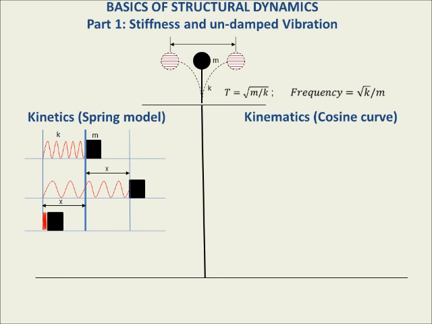So this is how we're representing our motion, and we're going to ask the kinetics questions. What can we talk about the forces and the masses and accelerations and so on and so forth? How do we apply Newton's laws of motion to this system?